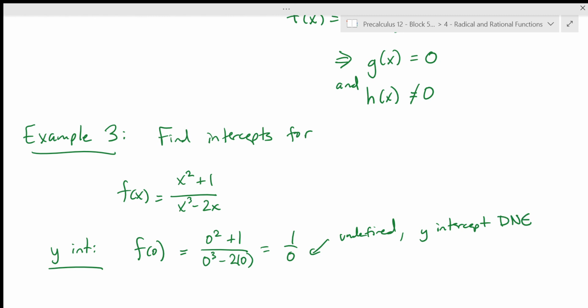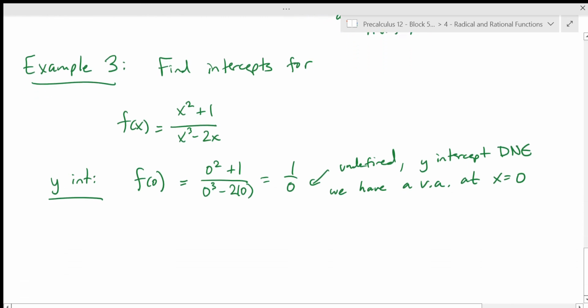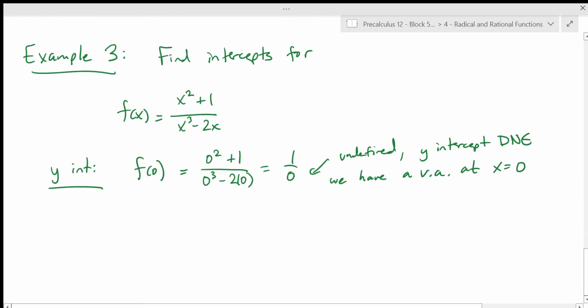We made the added discovery that since 0 makes the denominator 0 and not the numerator, we have a vertical asymptote at x equals 0. And this is why we generally find vertical asymptotes first, because if you know there's a vertical asymptote at x equals 0, you don't have to bother trying to find the y-intercept, because you know it's not going to exist.